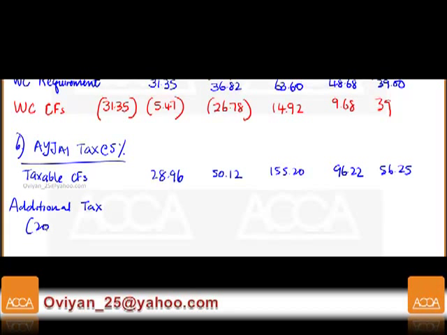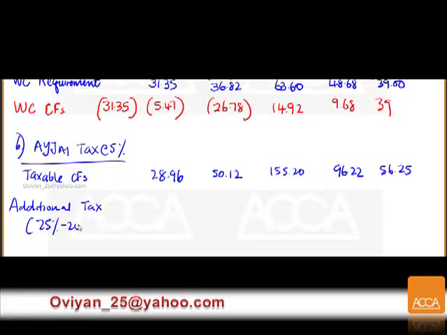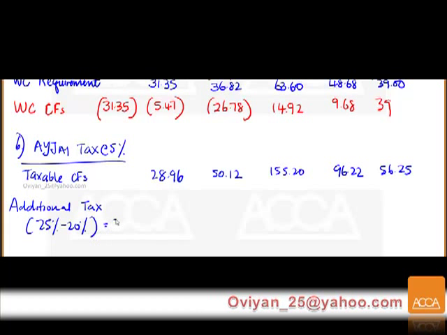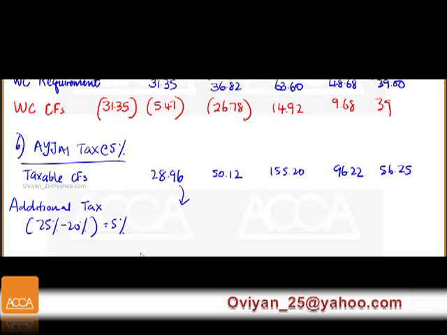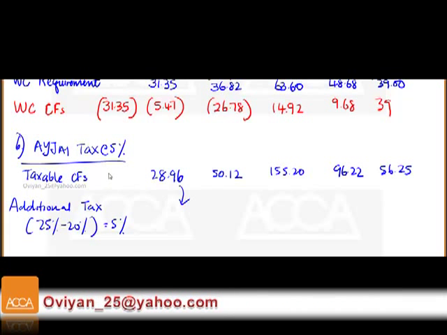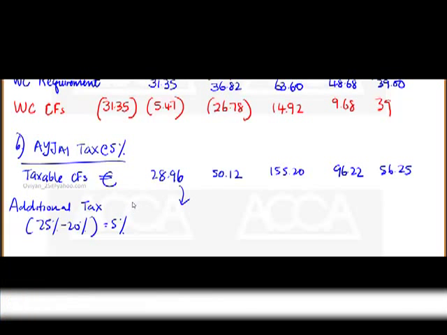Now additional tax is simply the extra 25 take away 20%, it equals 5%. So what is 5% on this figure? It's paid in your home country in the same year. But remember, these cash flows are in euro dollars. Yeah, this additional tax will be in euro dollars.